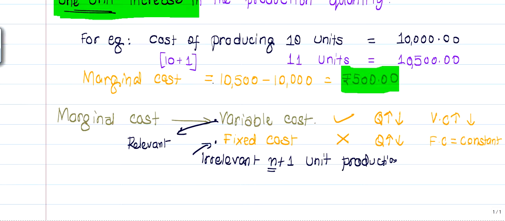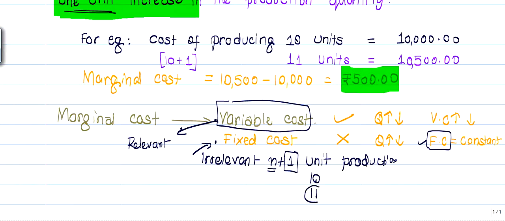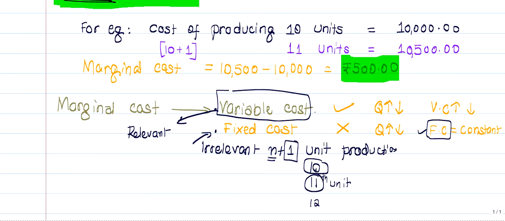What is the logic behind it? The logic is, if you produce this product, this will be incurred whatever happens. If you produce 10 units, the amount is the same. If you produce 11 units, the amount is the same. So it is not relevant for the 11th unit, similarly the 12th unit, because it is fixed, irrespective of your quantity increase or decrease.